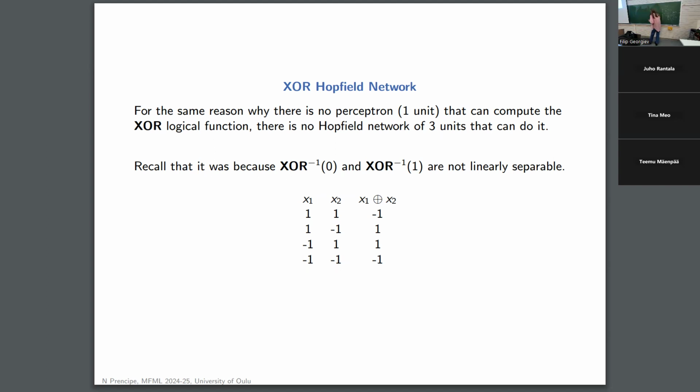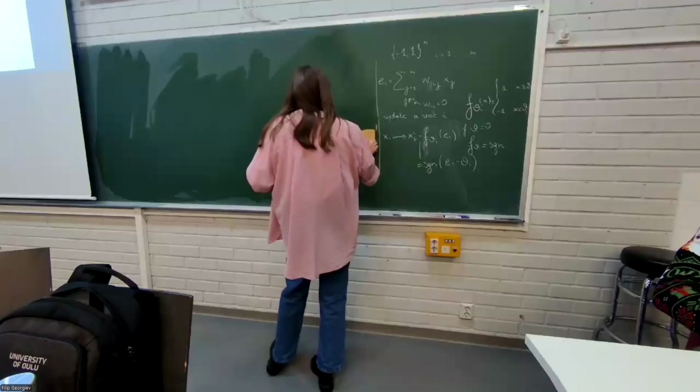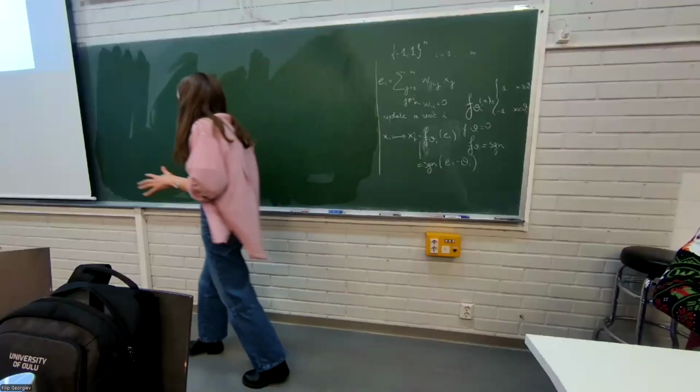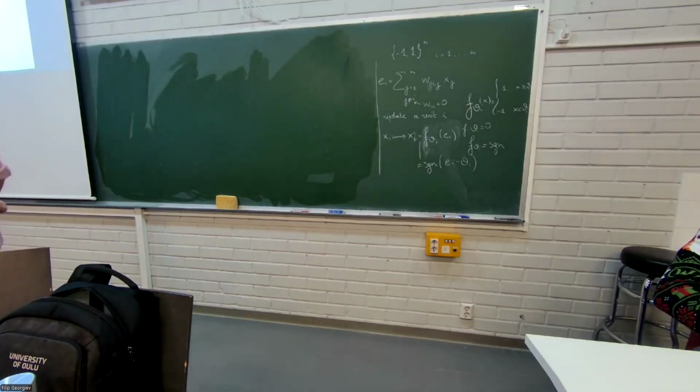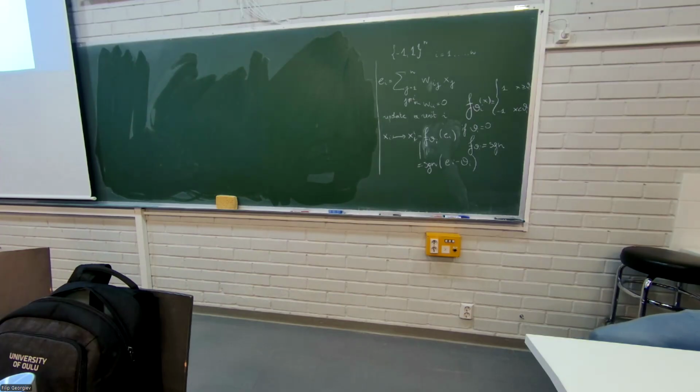I'm not going to tell you again what is wrong with XOR, because we already know. XOR is not a logical function that can be computed with a single perceptron unit, so perceptron learning cannot solve this problem. But you saw last time that we had a 3-unit Hopfield network that corresponded to a perceptron, with the inputs and the central node.